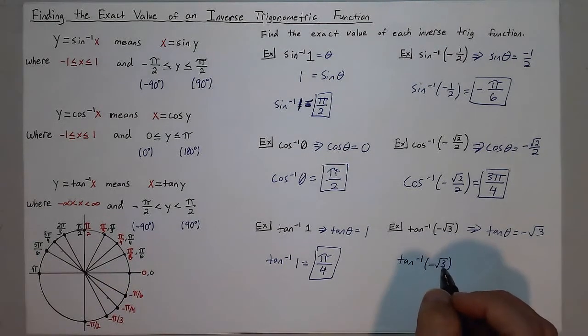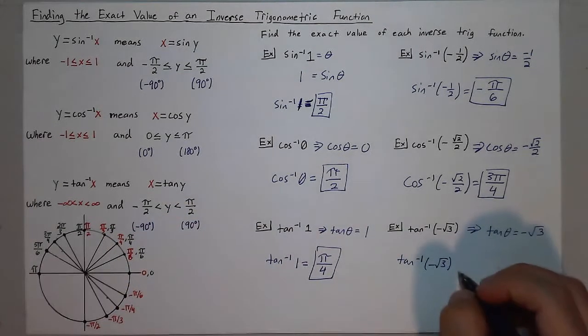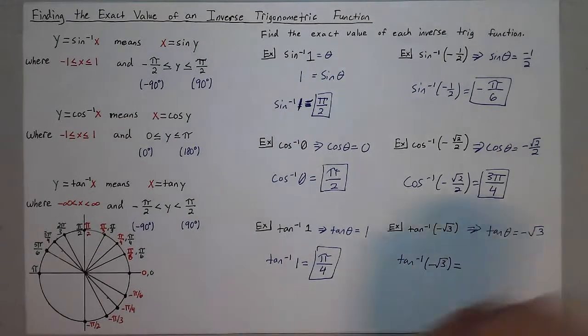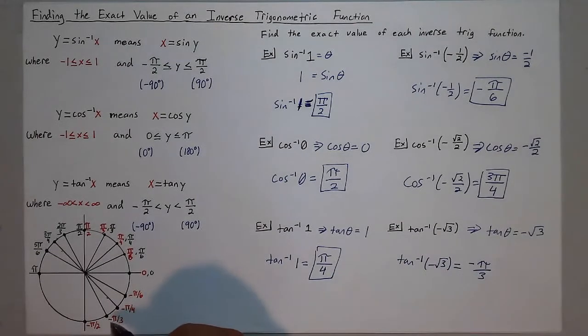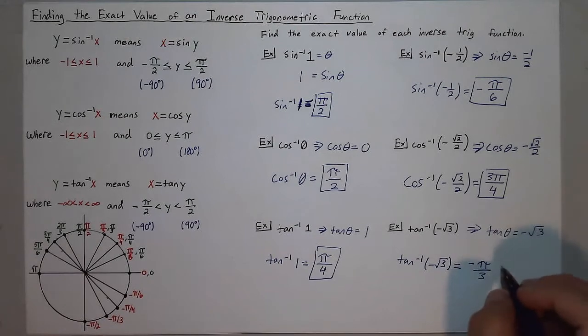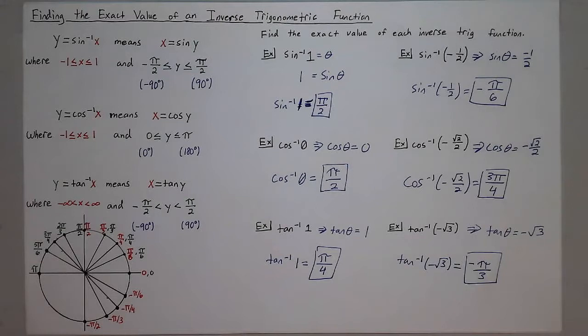And negative square root 3 would be the one that happens at 5 pi over 3 or pi over 3. But since I'm looking at these negative angles, the tangent inverse of negative square root of 3 would be equal to negative pi over 3. That would be negative square root 3 over 2 over 1/2 if you're looking at the x and y coordinate. And that is how you find the exact value of an inverse trigonometric function.